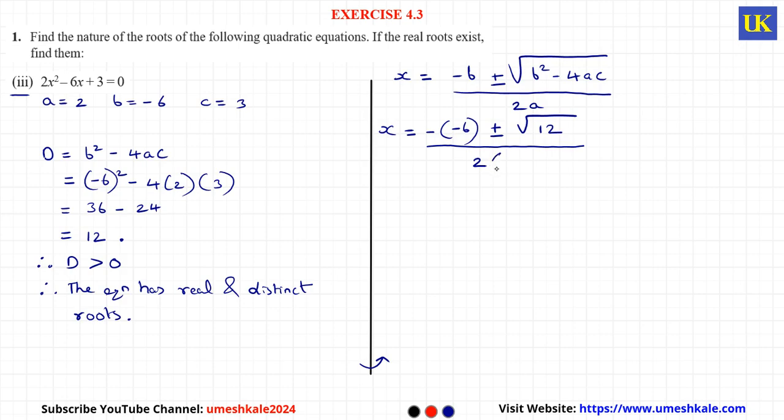A is how much? A is 2. Now we'll solve further. Minus into minus is plus. This 12 can be rewritten like this: 2 2s are 4 and 4 3s are 12, divided by 2 2s are 4.